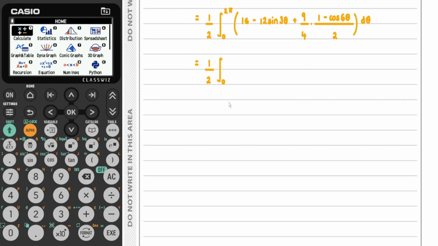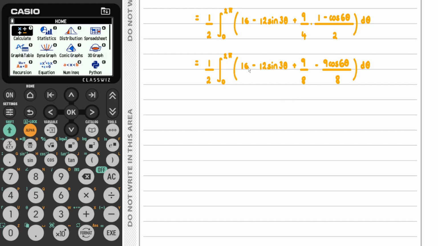So I've got a half times the integral from 0 to 2 pi of 16 subtract 12 sine 3 theta, and then I've got 9 over 8. That comes from 9 over 4 times 1 half, and then 9 over 4 multiplied by negative cos 6 theta over 2, which is negative 9 cos 6 theta over 8.